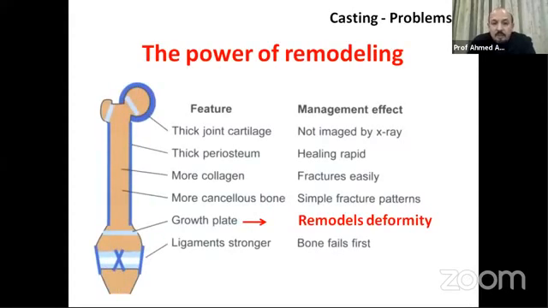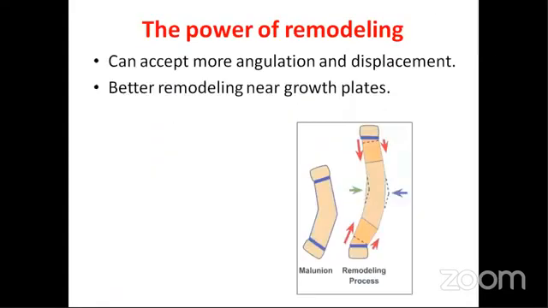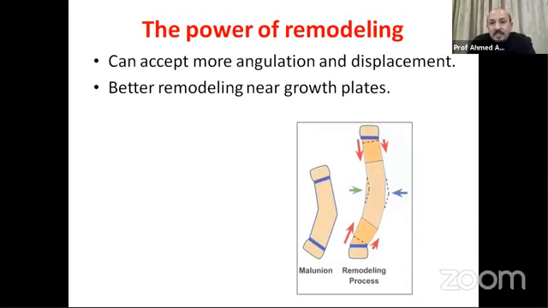We said that the growth plate can remodel deformity. We can accept angulations and displacement, because the epiphyses, when subjected to weight bearing, the ground reactive forces from below and the body weight from above, both will stimulate the physes to grow in an uneven pattern.